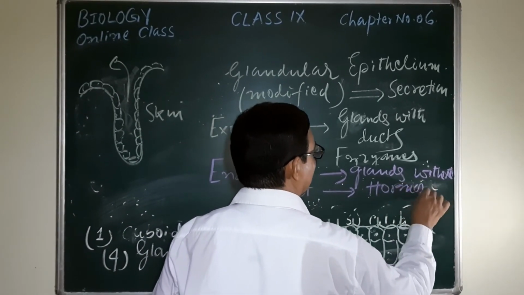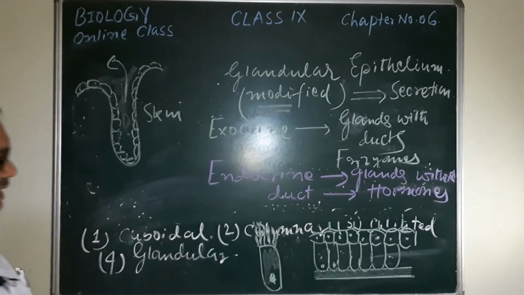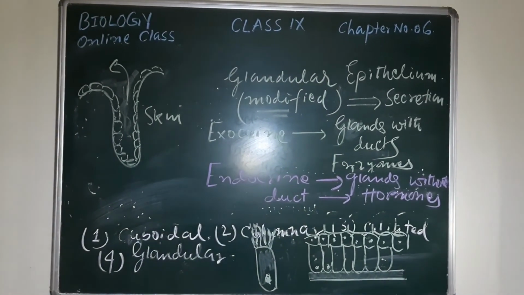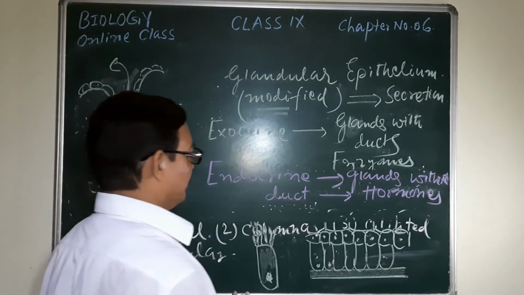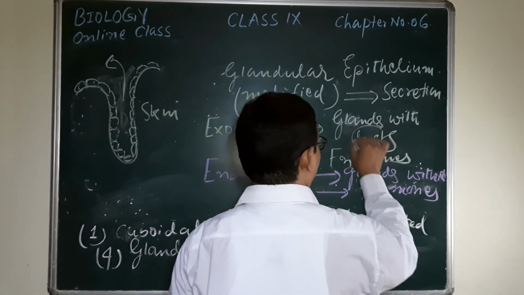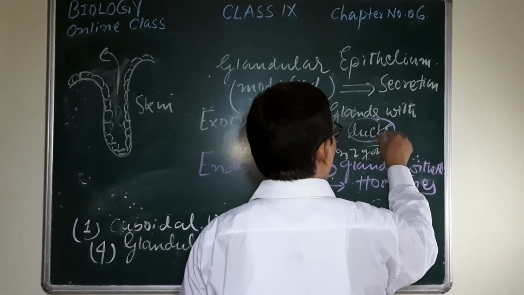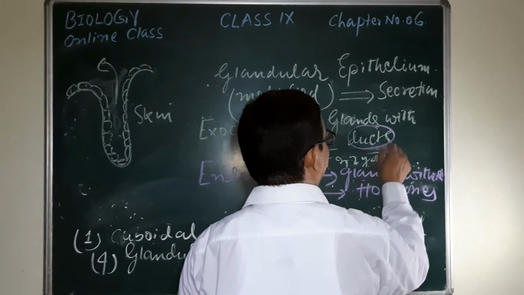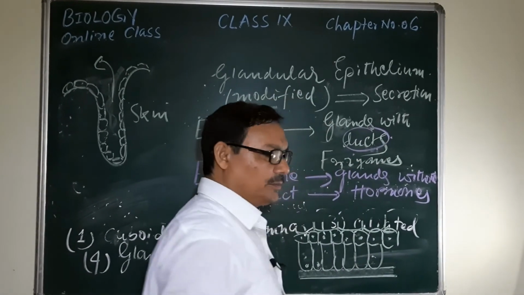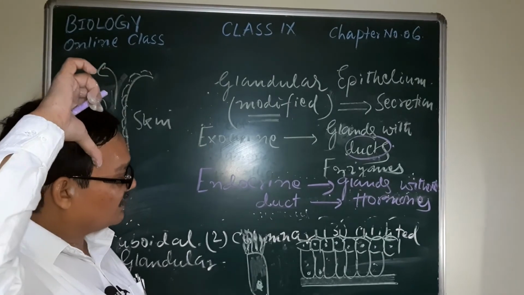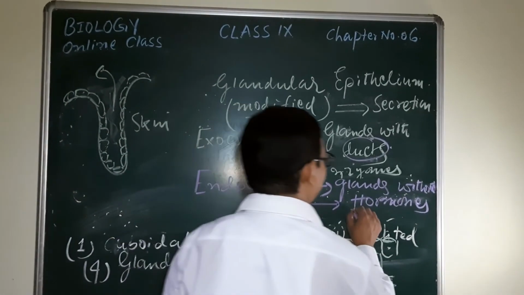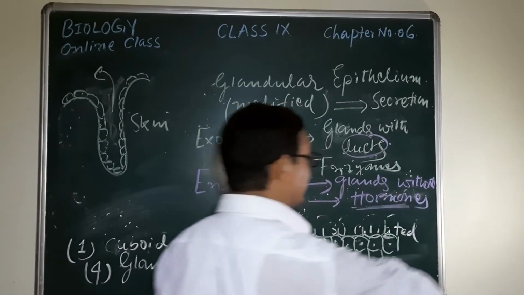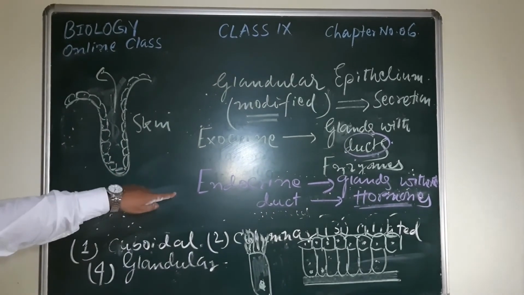So there are also some modifications. Similarly, there are sweat glands, sebaceous glands, etc. also present. In the exocrine, the secretions are poured into the ducts. In the endocrine, the secreted hormone is directly absorbed or diffused into the blood, and carried by the blood circulatory system.